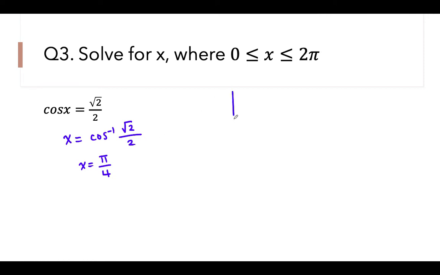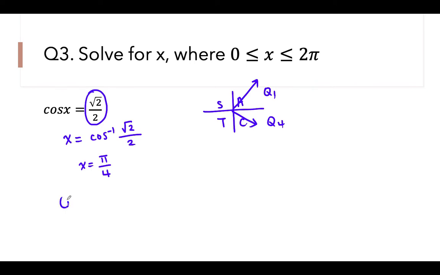So let's see. Using the CAST rule, where is cosine going to give me a positive ratio? It's going to be quadrant 4 and quadrant 1.